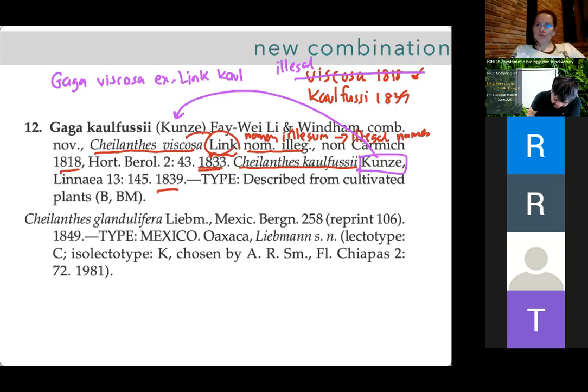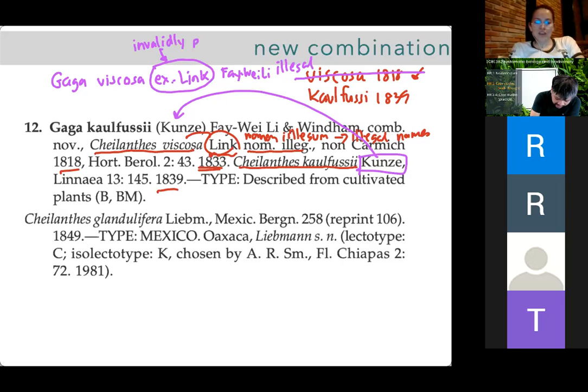Oh, it's not Kofushi, sorry. X link and Fabili here. So X meaning link, invalidly published. So you can do this sometimes, using the word X to say that they kind of did that, but it's not correct. But in this case, there is a better available name that corrects that.